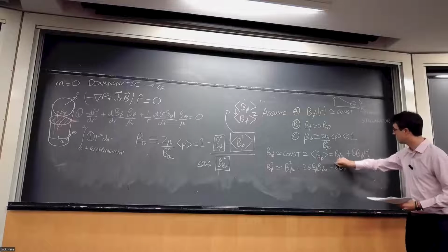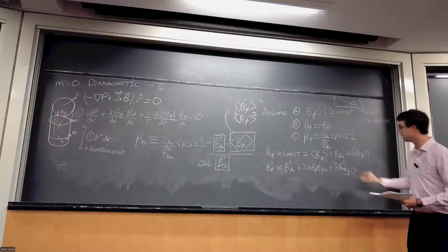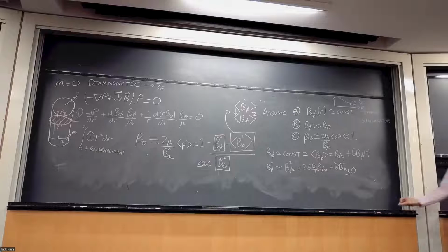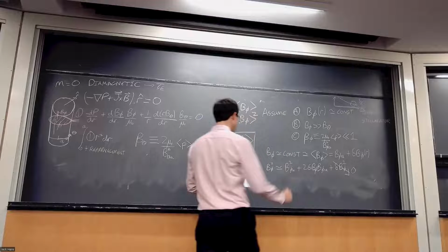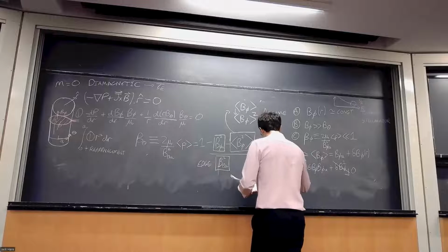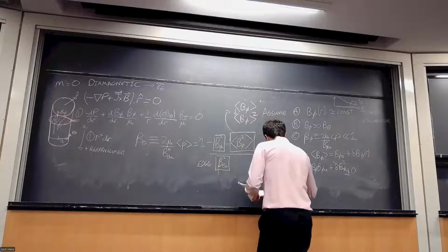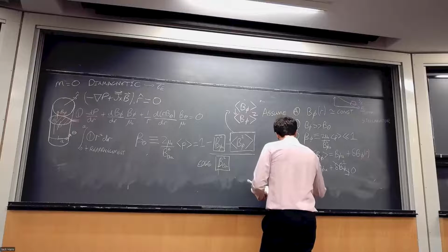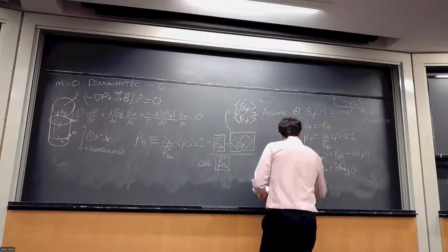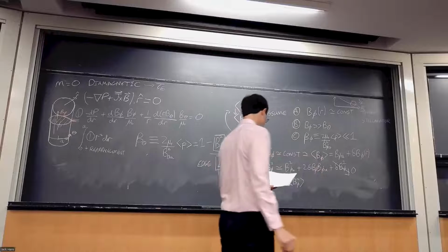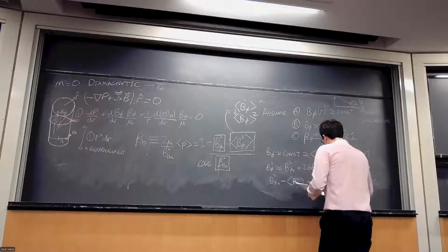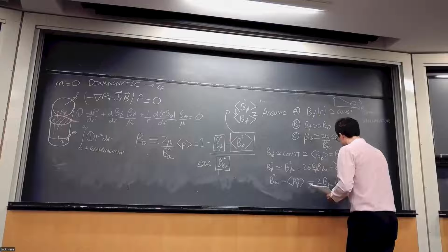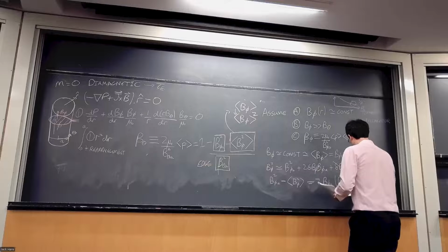And we will say that we're going to drop the quadratic terms, and we're just going to keep the linear terms here. So this is a standard sort of perturbation theory trick. And if you squint at this for a little bit, you realize that you can then write B phi A squared minus the average of B phi squared as equal to 2 B phi A times B phi A minus the average of B phi.